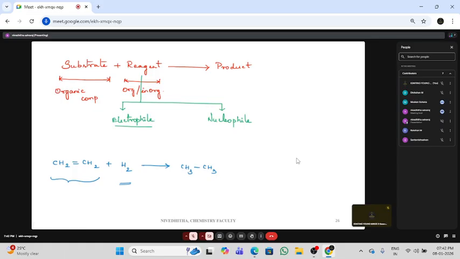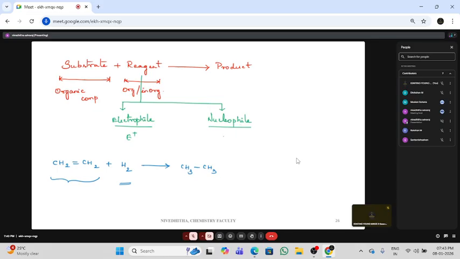They love electrons because they do not have enough electrons, so they are in need of electrons. They are electron deficient species, so electron deficient species are called electrophiles. Whenever I'm talking about an electrophile, please visualize it as E plus, because generally a positive charge represents an electron deficient one, right?